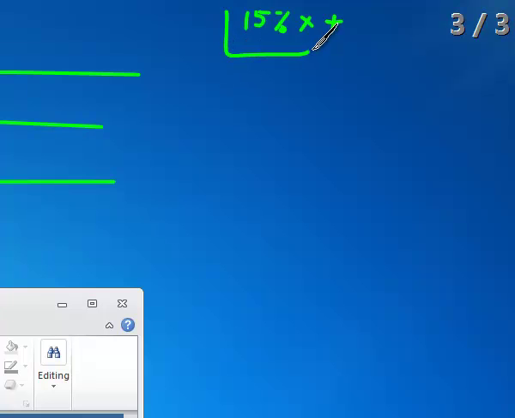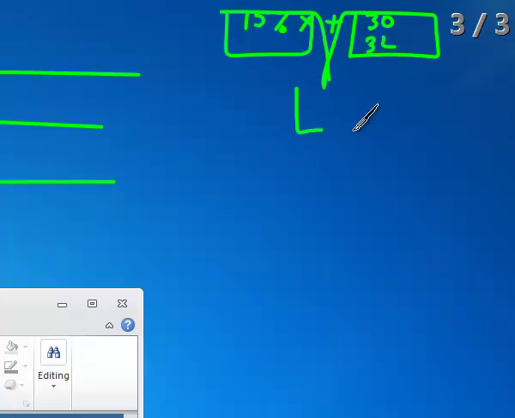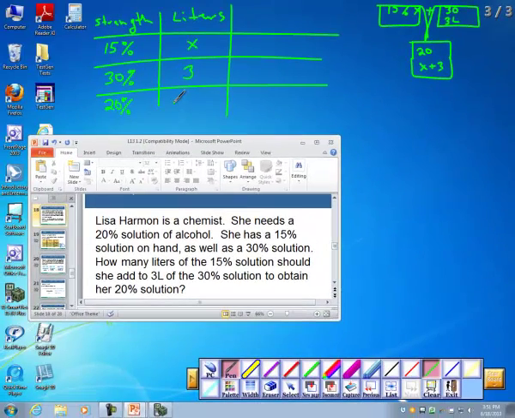So we have 15% and we don't know how much, x. Here's one beaker, and we're going to add it to 30% of 3 liters. We're going to take those two and pour them together, and we want to make a 20% solution, and that's going to be x plus 3 in liters. So if we took x amount of 15% and 3 liters of the 30%, how much quantity are we going to have at 20%?